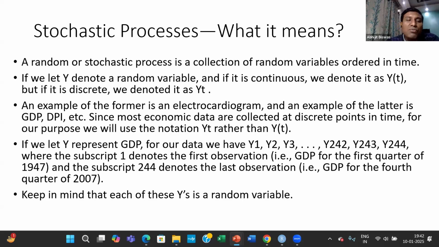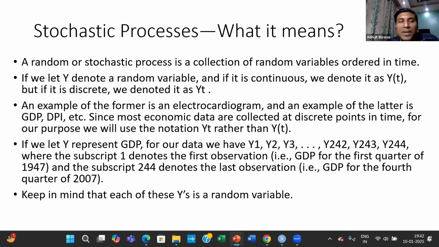So if we let Y represent GDP for our data, we have Y1, Y2, Y3, then Y242 and Y244. These are different quarters of our sample, right? Where subscript 1 denotes the first observation in our data set, that is GDP for the first quarter of 1947, and subscript 244 denotes the last observation, that is GDP for the fourth quarter of 2007.